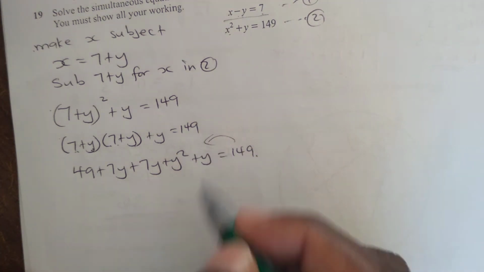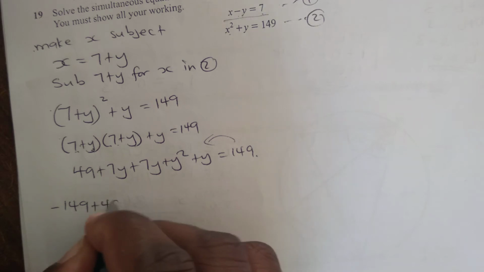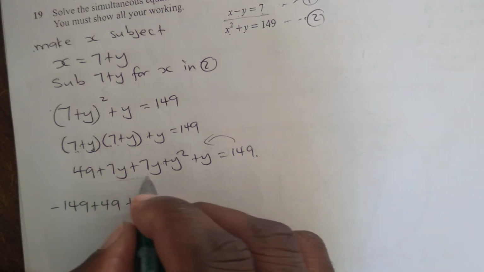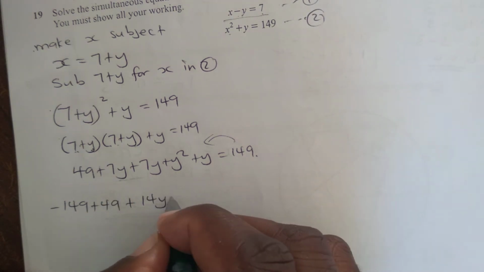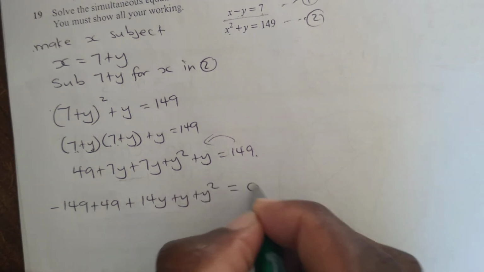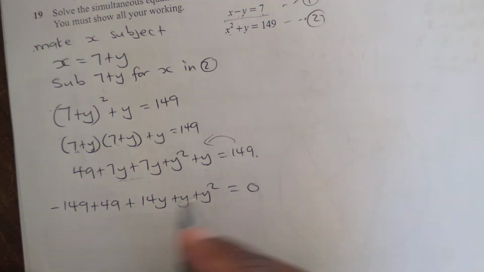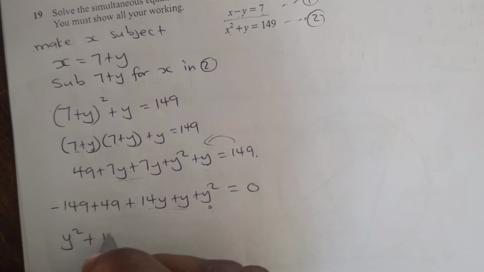If you want to take this 149 to the left, you will have negative 149 plus 49 plus 14y plus this y squared equals 0. So basically, you are taking everything to the left, and then we simplify coefficients. So you will have y squared plus 15y minus 100.